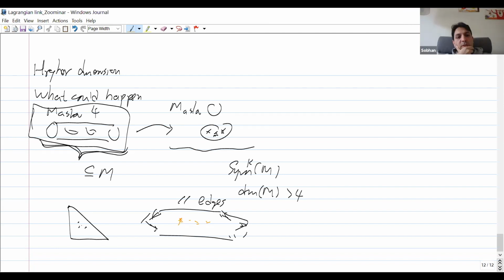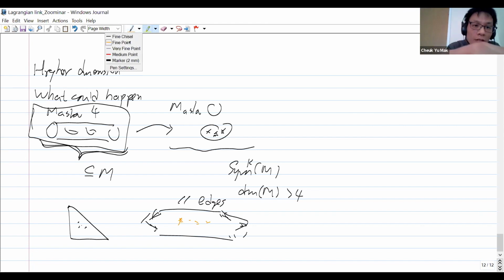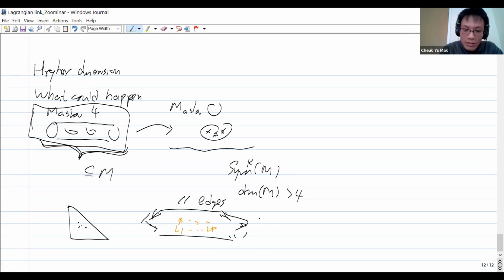So the result is you can find this L1, ..., Lk, or maybe you can just do 2 points. So this is a four-manifold now.